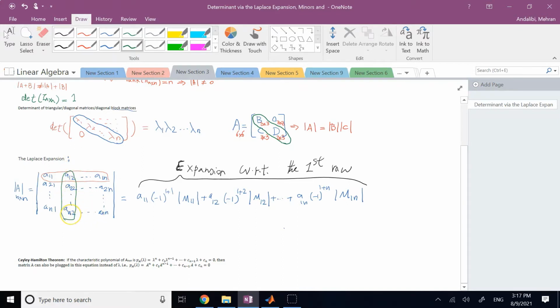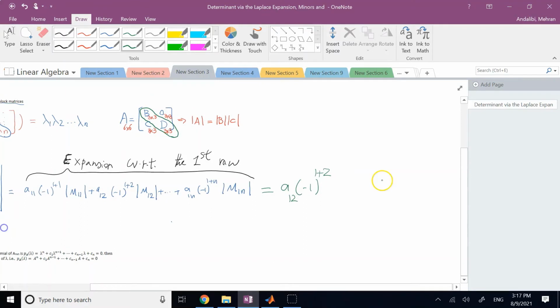So if I want to expand with respect to this second column, I multiply the first entry, A12, times -1, again to the power of the two subscripts added together, 1 plus 2, times the determinant of a matrix that has the first row and the second column eliminated, minor M12, and then we keep doing that.